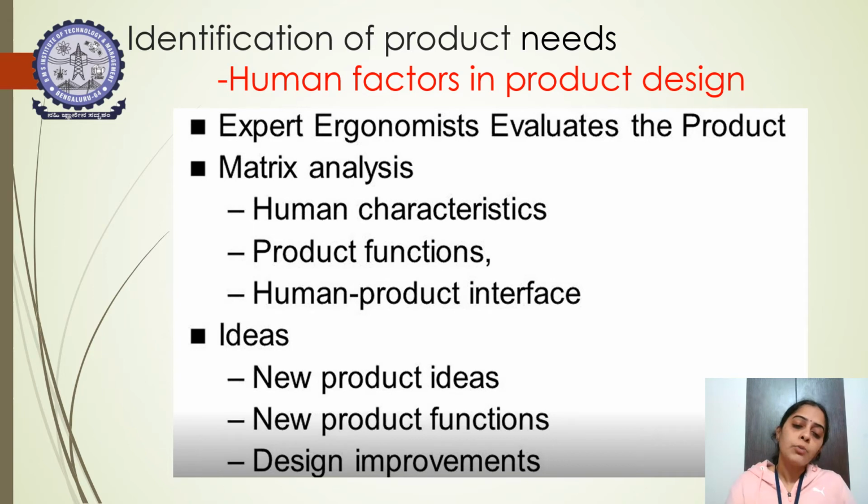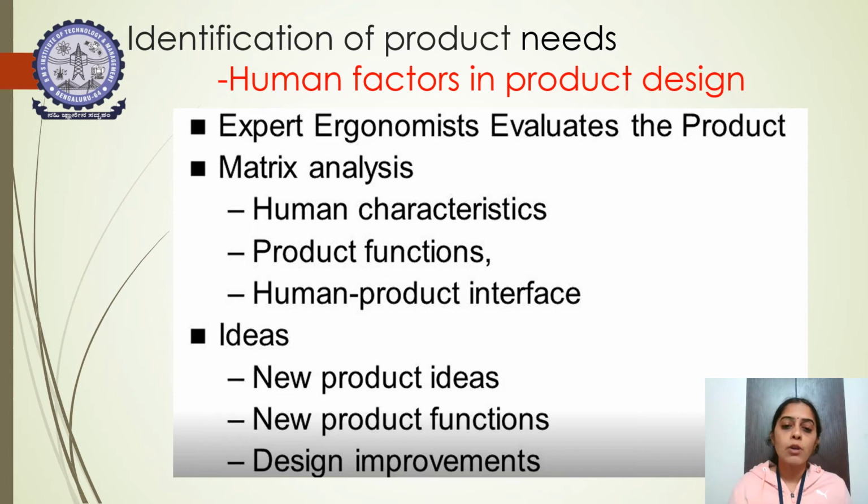Along with that, the human being also provides certain ideas or the ideality concepts when a new product has to be designed. These are nothing but new product ideas, new product functions which would be embedded into the existing one. What the design improvements could be for the existing one.